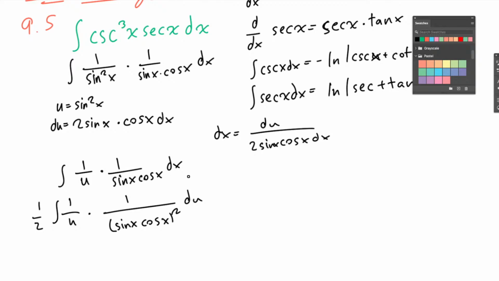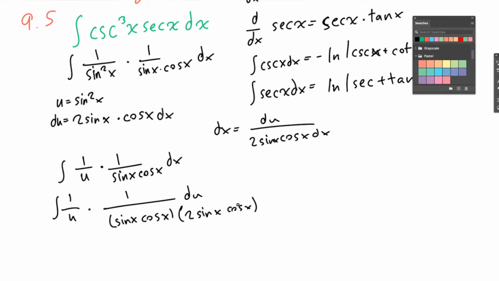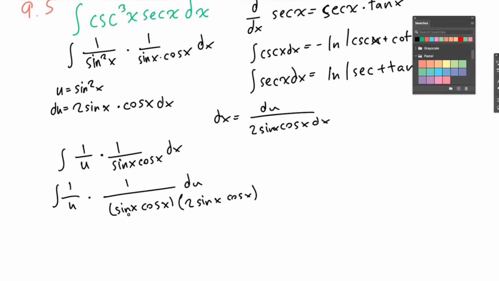Okay. But times, okay, wait, we'll remove this. Right, okay. Then we multiply the entire thing by 2 over 2. That's 1.